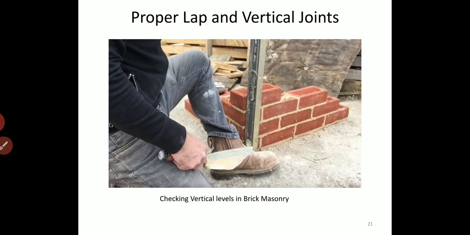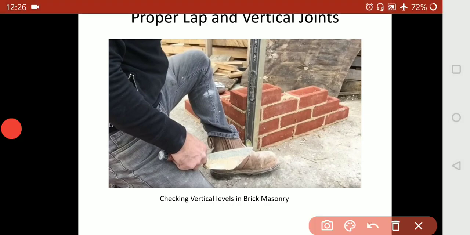You can see here a joint that is parallel to the bed course is termed as a lap joint. This is called a lap joint. Generally, a lap joint shall be below half of the width of the brick.